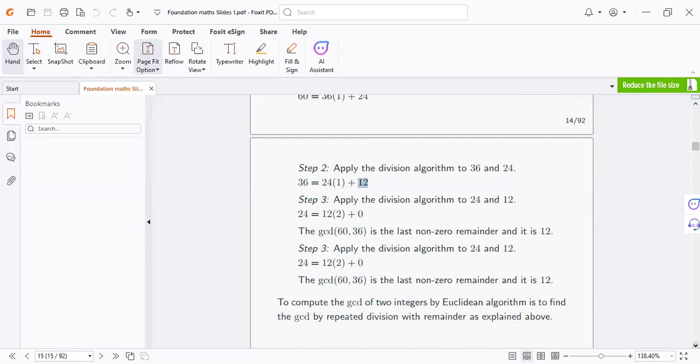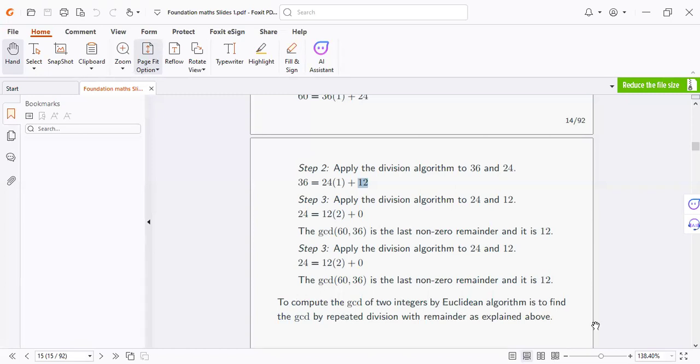Now, what is the Euclidean algorithm? What we've just done is the division algorithm. Now, the extended Euclidean algorithm is the reverse. I've said here that to compute the GCD of two numbers by the algorithm is to find this.